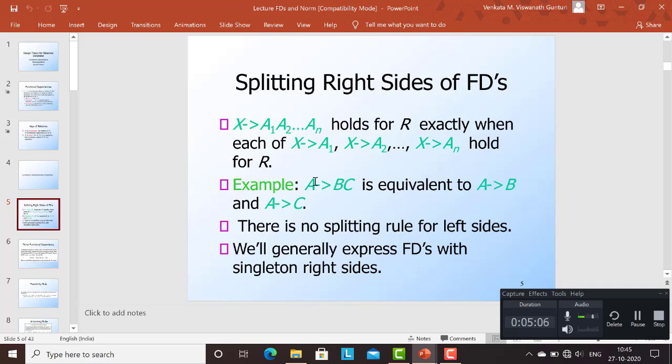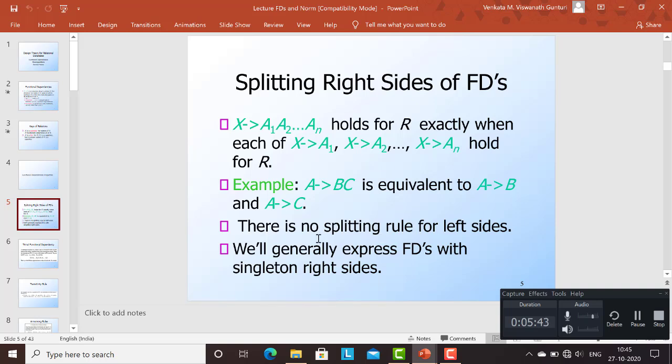So either you write it as two functional dependencies, student ID implies student name and student ID implies CGPA, or you say that given a student ID, I can uniquely identify the pair of student name and CGPA. They are mathematically the same. So this is called the splitting rule of the right side.